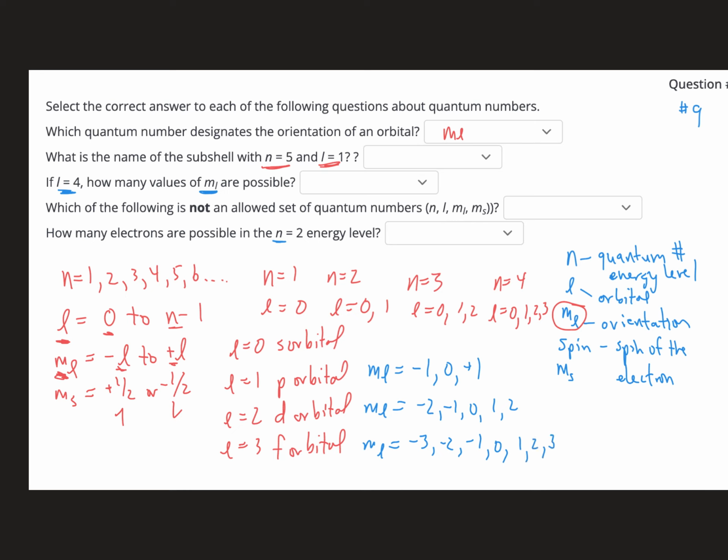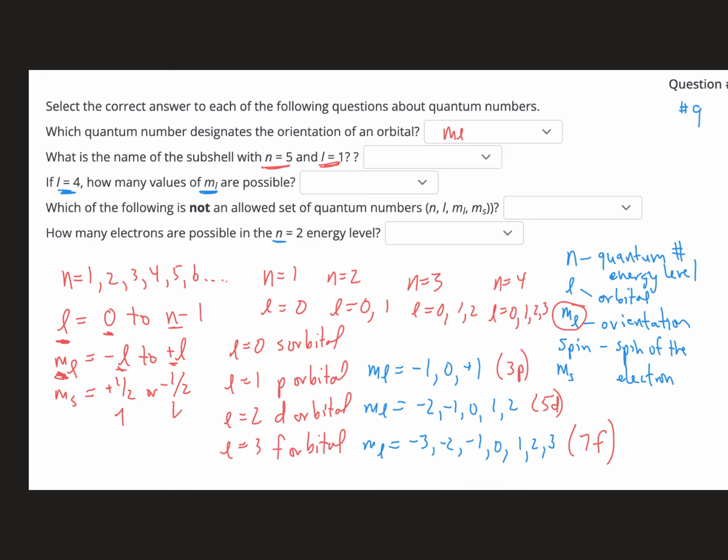And so you can see after doing that, there's our 3 p orbitals, there's our 5 d orbitals and our 7 f orbitals that we have. The orientation shows us how many of each orbital we have.